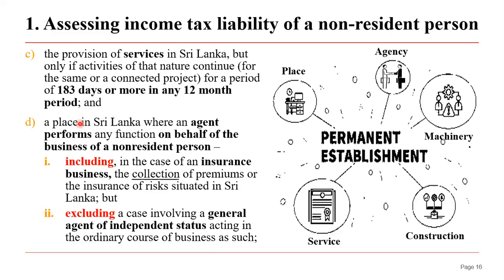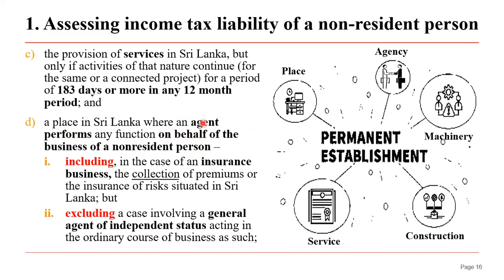Right? Then a place in Sri Lanka where an agent performs. Here we call it agent PE, agency PE. So the place in Sri Lanka where the agent performs any function on behalf of the business of a non-resident person.